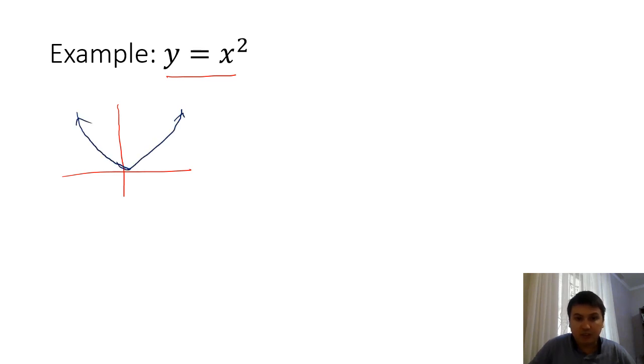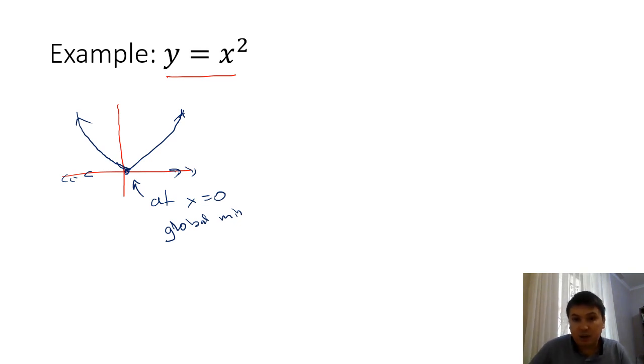It goes to infinity. So this is the minimum, which is 0. At x equal to 0, I get the global minimum. However, I do not have any global maximum, because as x goes to minus infinity or plus infinity, the parabola blows up. So there is no maximum.